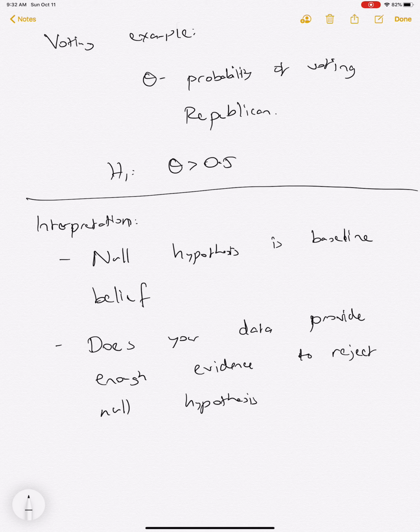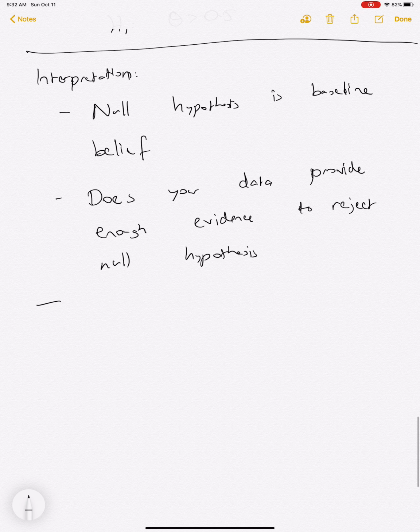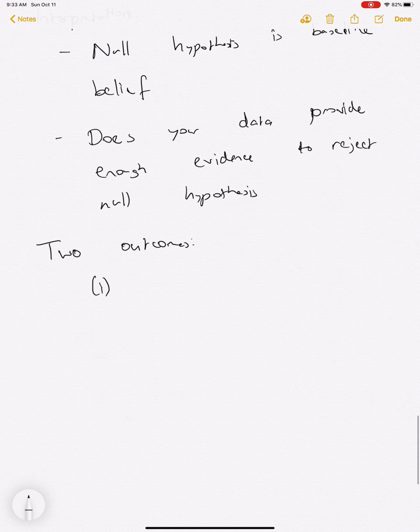So there are going to be two outcomes. One is that you reject the null hypothesis, or the other option is that you accept the null hypothesis.